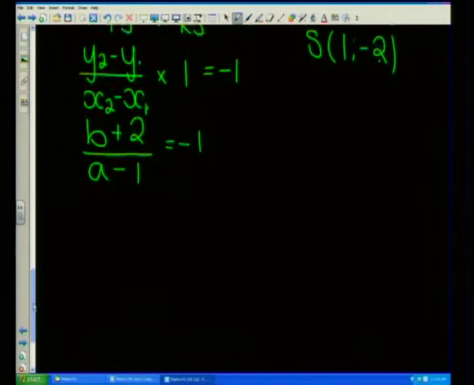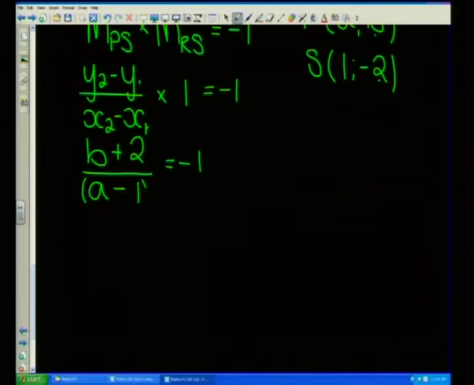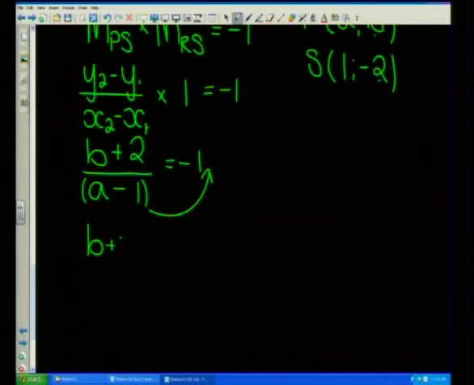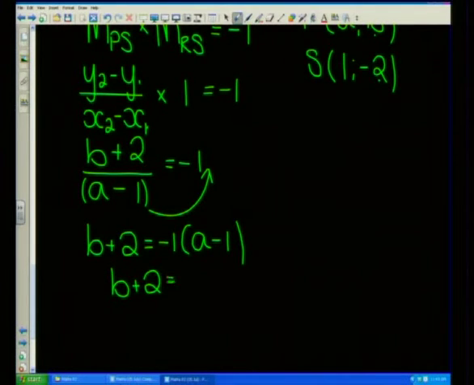Okay, and if we take our denominator down here and we multiply it up on the other side, b plus 2 is equal to -1 multiplied by a minus 1. Finally, we've got b plus 2 is equal to -a plus 1.